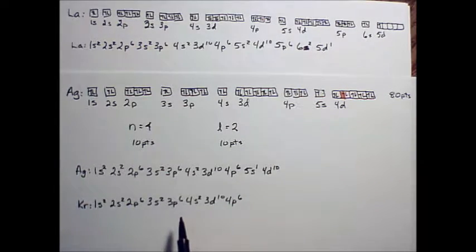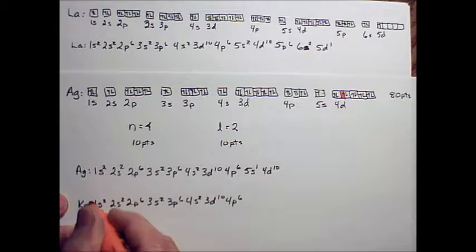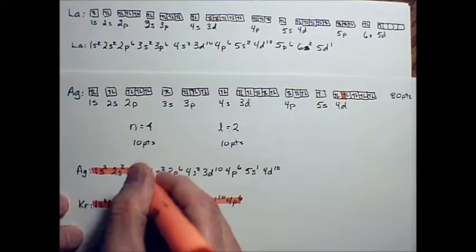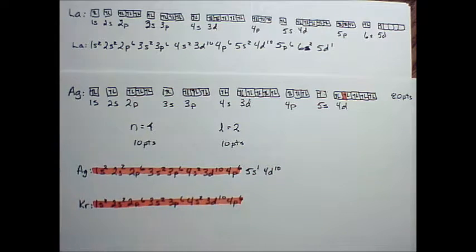And we're not talking about the krypton in the Superman comics here. This is krypton, the gas. So this is the orbital notation for krypton. But let's look. All of this electron configuration matches this part of silver's electron configuration. They're the same, aren't they?